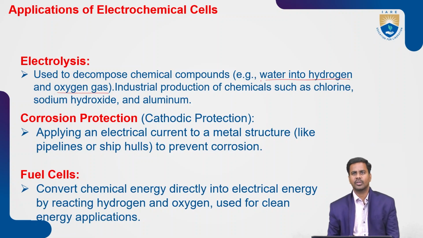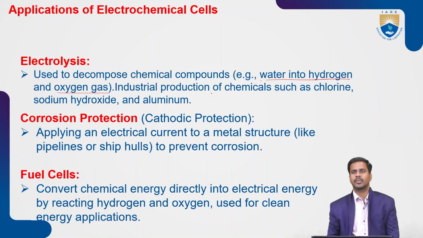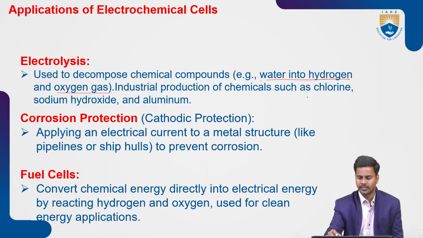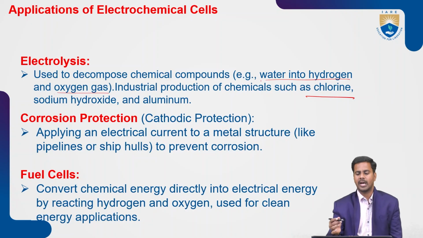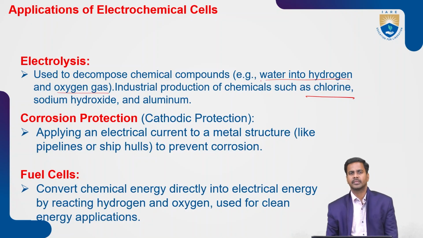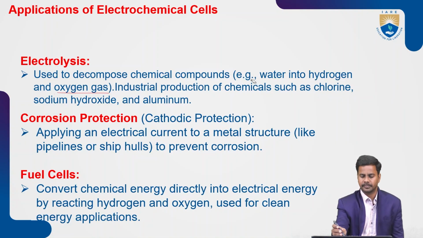So with the help of an electrochemical cell, we can decompose water into hydrogen and oxygen gas. And some industrial production of chemicals such as chlorine, sodium hydroxide, and aluminum. There also we use electrochemical cells of different types.